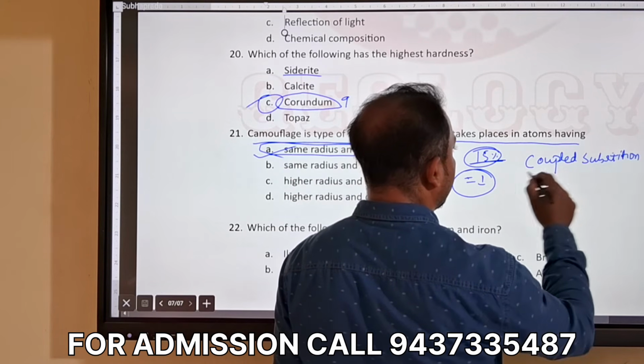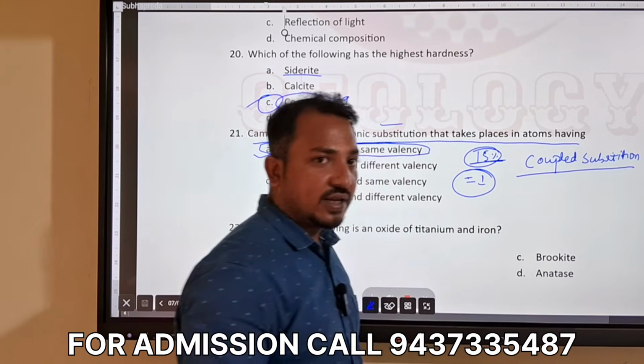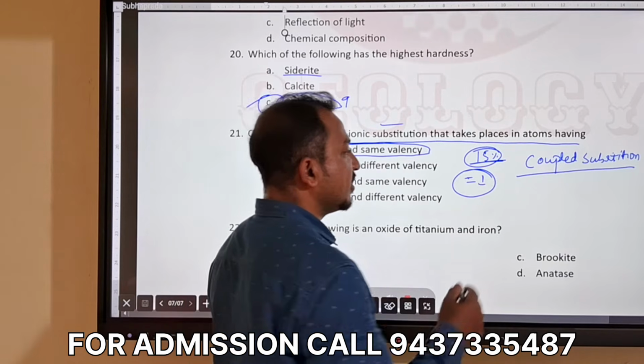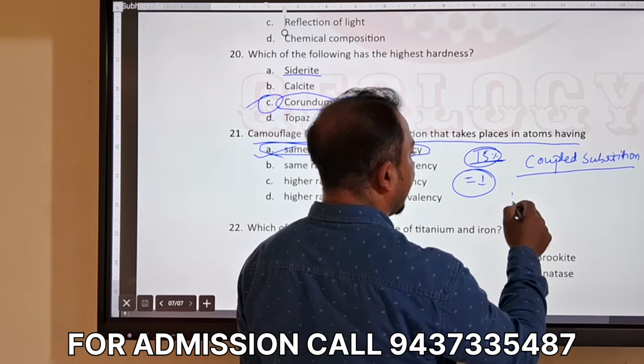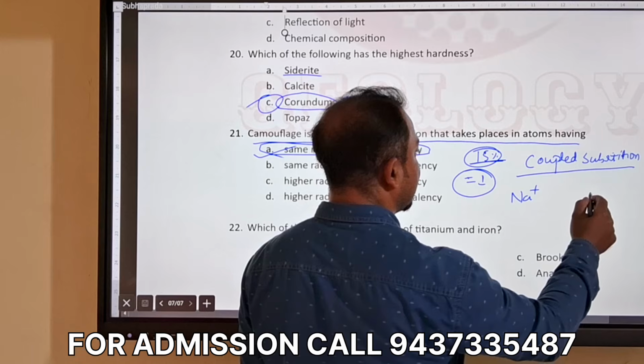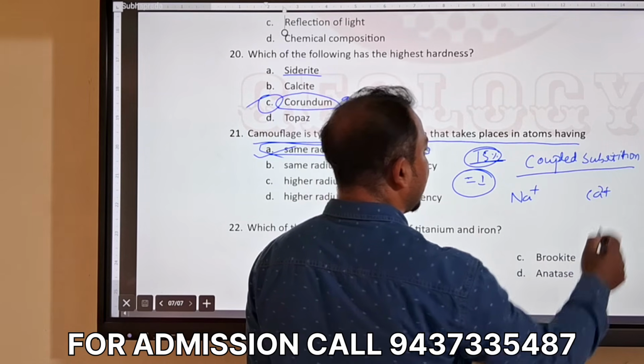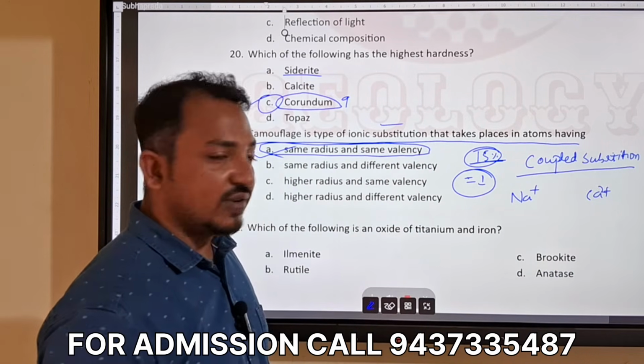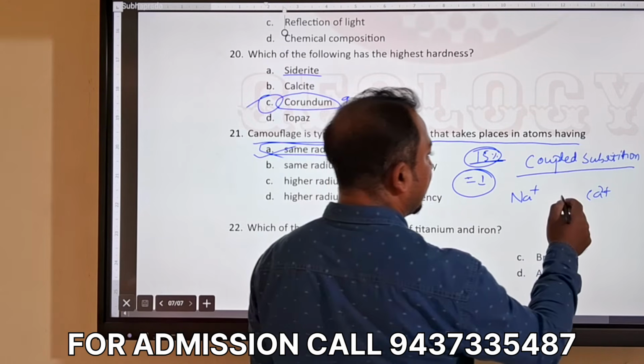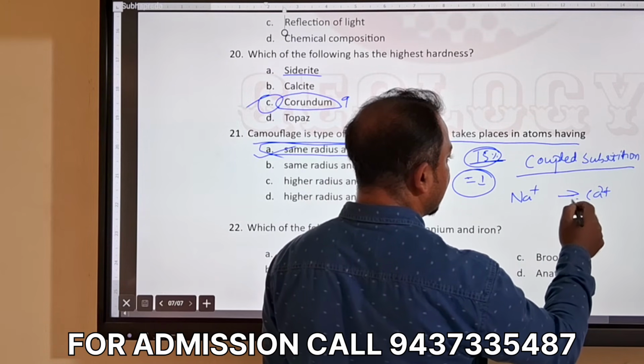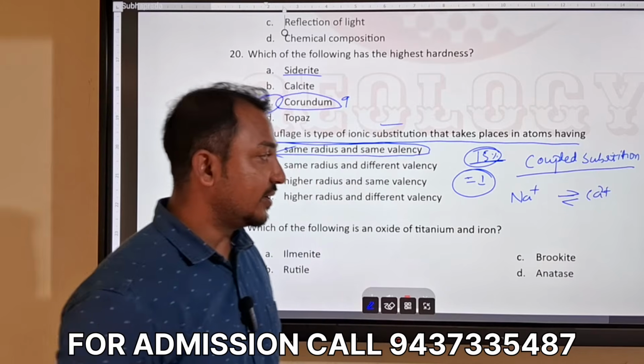This is generally found in the plagioclase group of minerals, where Na+ replaces Ca2+. Ca has 2 charge, Na has 1 charge, so if they replace each other, there will be a charge deficiency.